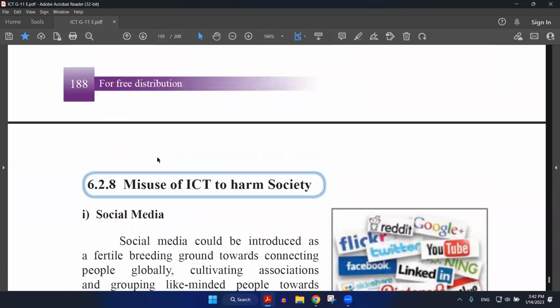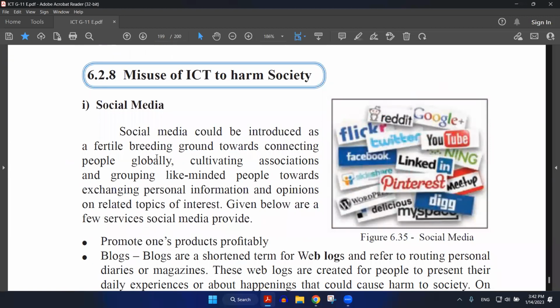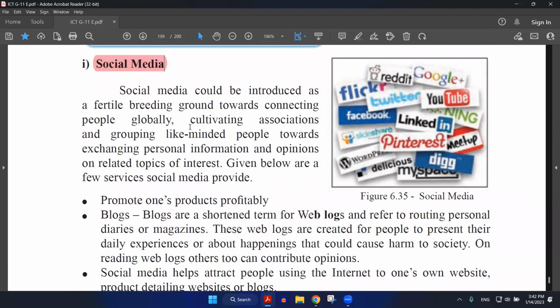So let's quickly write about this. Let's not write about misuse of ICT to harm society. Let's go with the heading social media, right? And let's list down the important stuff.